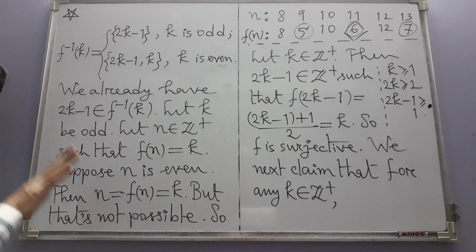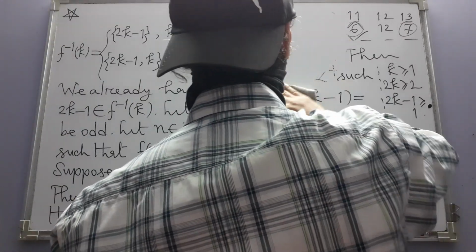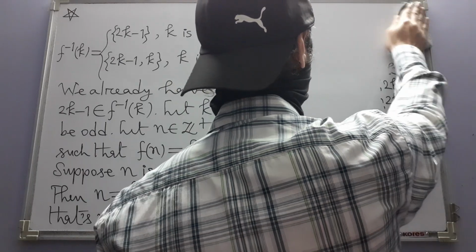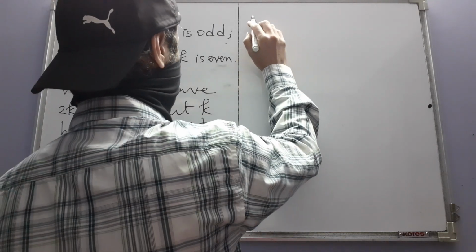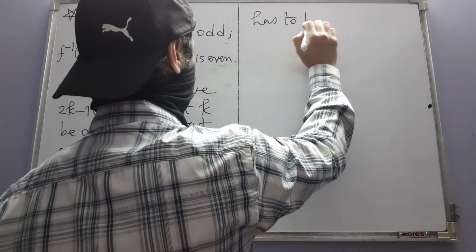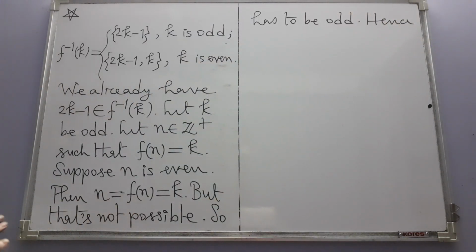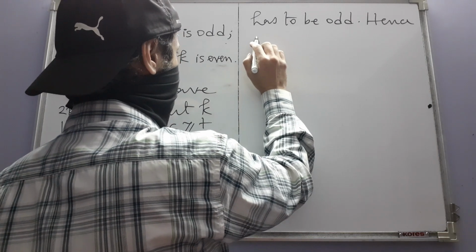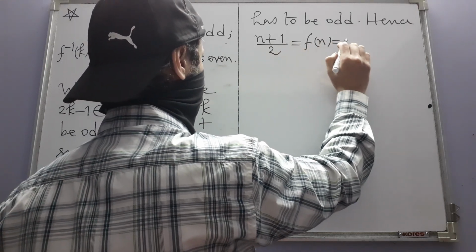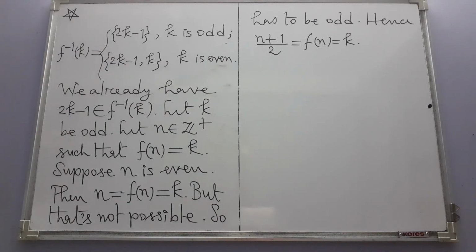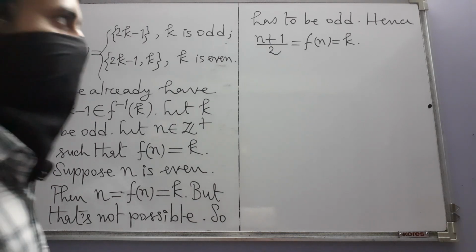That means n has to be odd. But then f of n is not n, it is instead n plus 1 divided by 2. And if you now solve for n in terms of k, you get n equal to 2k minus 1.